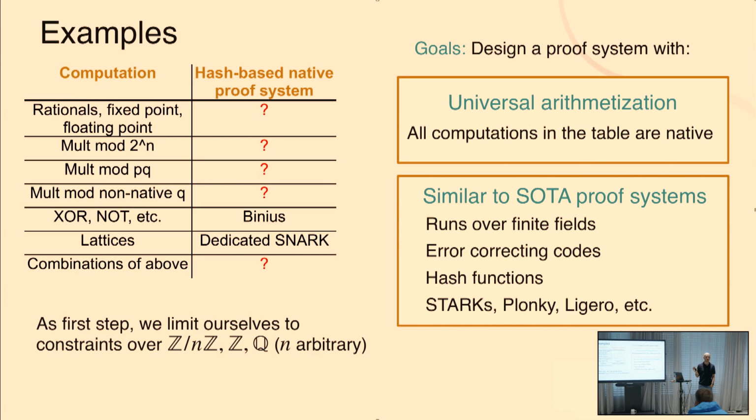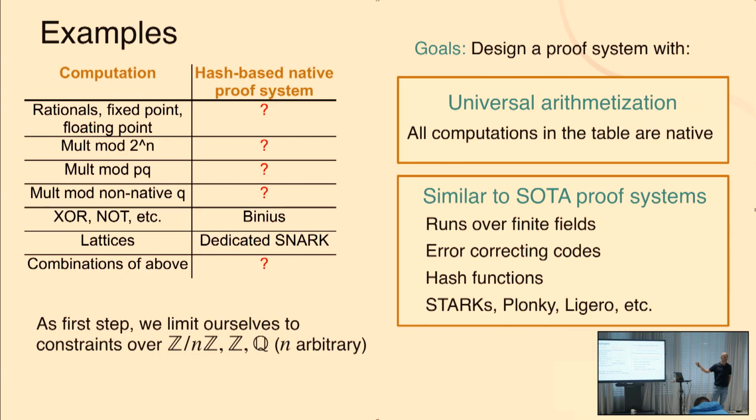We are not married to these proof systems. We might change them, but those are the role models we take for now. And as a first step, and in this talk, we have limited ourselves to building a proof system that's native for Z mod n for any n.